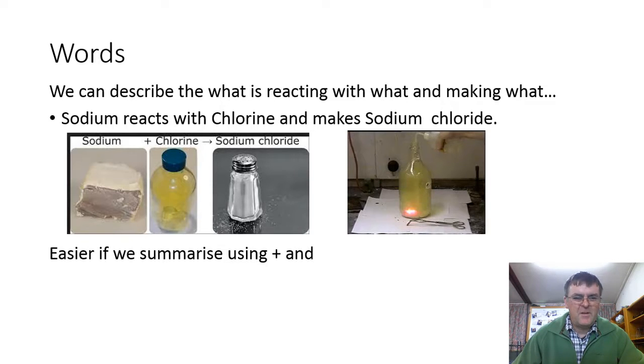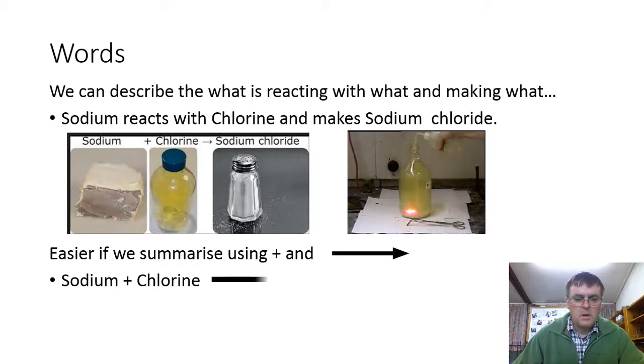It's easier if we summarize the wording equation, that first bullet point: sodium reacts with chlorine and makes sodium chloride. If we summarize using a plus and an arrow, we just save ourselves writing some words. Sodium plus chlorine becomes sodium chloride, and that's what we call a word equation. We're starting with the reactants and ending with the product or products.